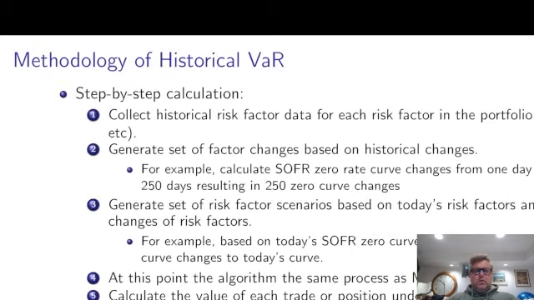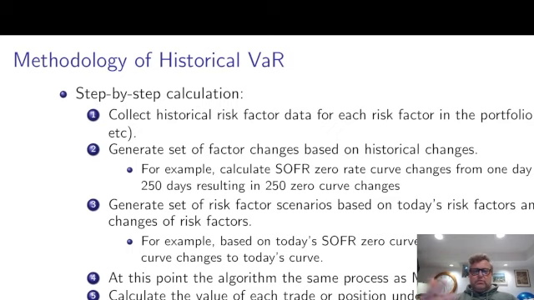So the methodology, how it works is, first, you look at all the different risk factors. Like imagine they're just curves. So you collect this time series of risk factors.